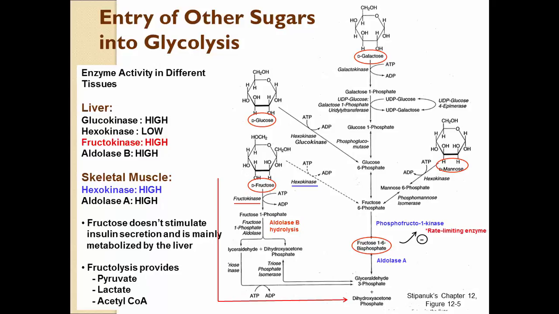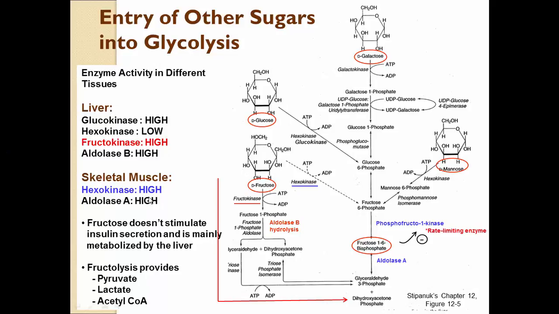So this slide, we're going to talk about how the other sugars can also be metabolized through the glycolysis pathway. The fructose, right? The majority of fructose is metabolized in the liver, because the liver has very high levels of fructokinase.